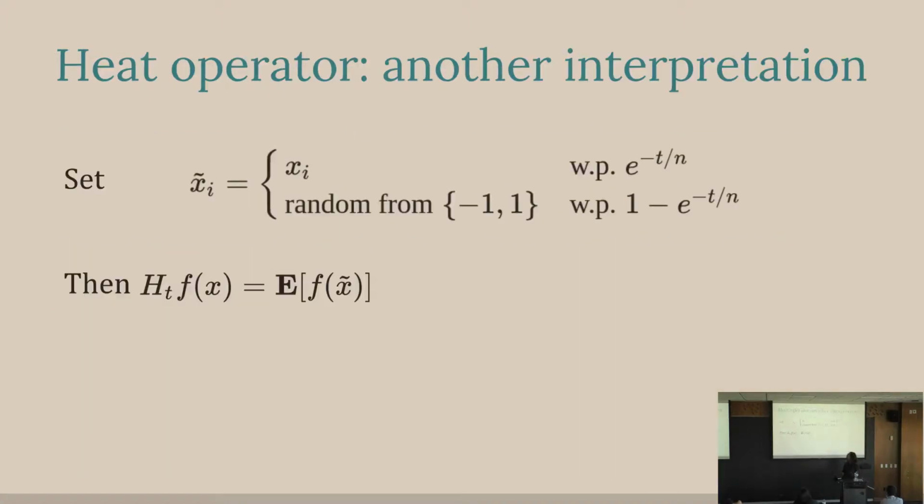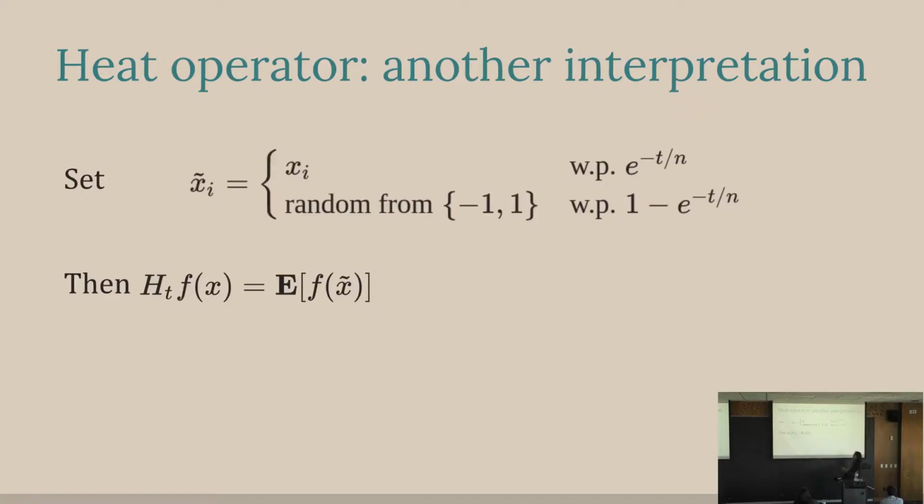Okay. I just want to remark that there's also another interpretation of the heat operator. Instead of a random walk, you can do a random walk independently on each coordinate.